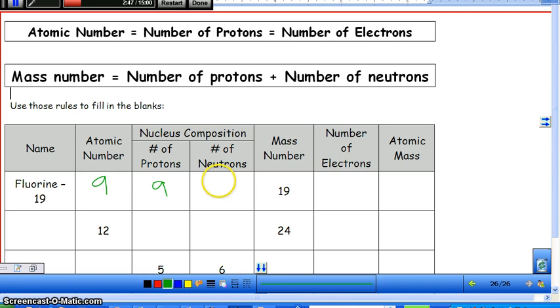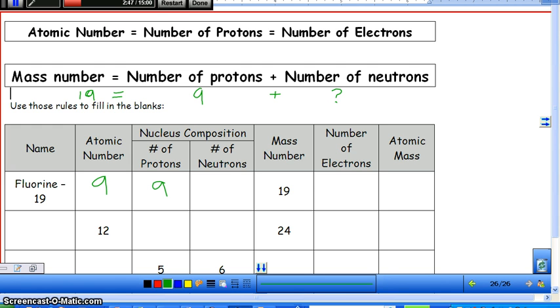Our neutrons. Remember, the neutrons were the blue dots, the neutral ones. There were red dots and blue dots, and if you add them together, you get the mass number. So we know we've got 9 protons. Our mass number here is 19. So 19 equals 9 protons plus how many neutrons?